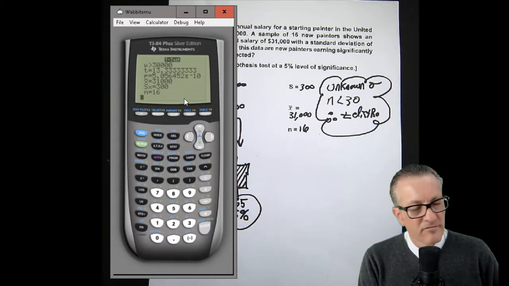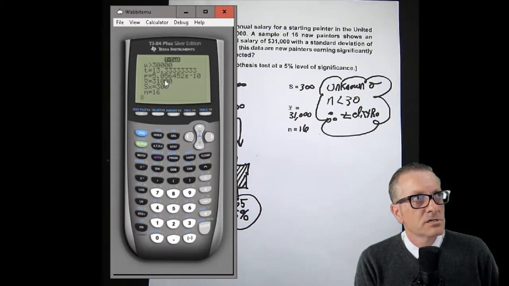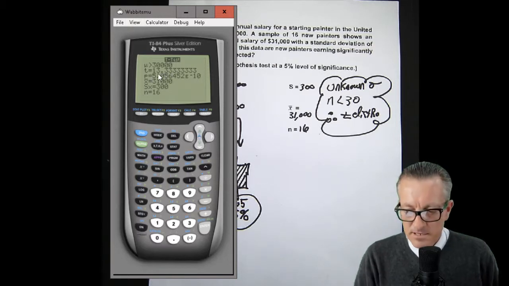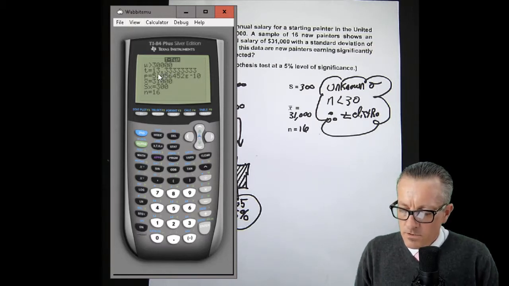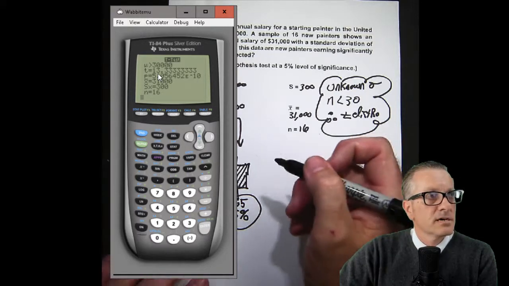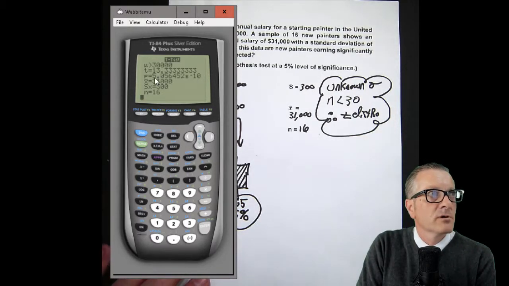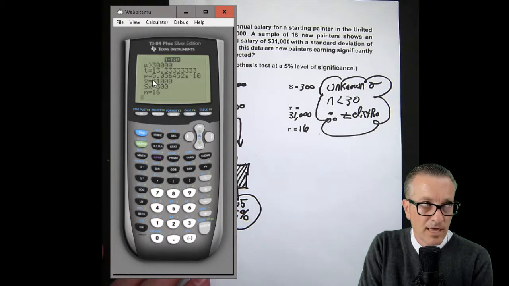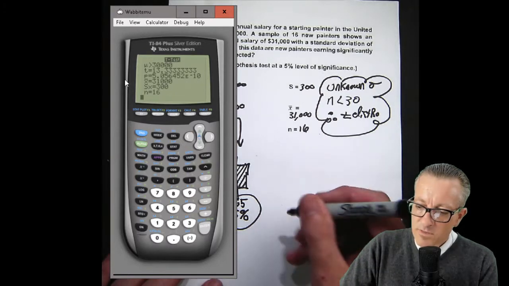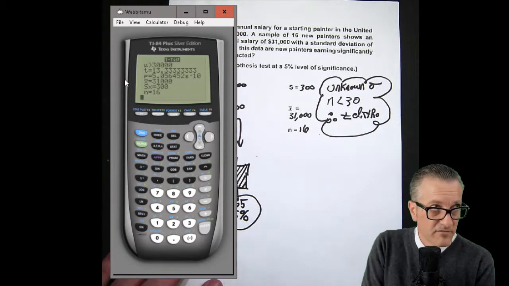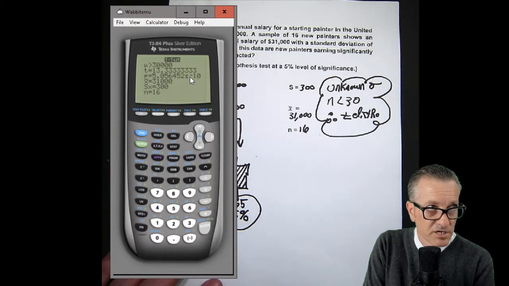So we get this kind of awful looking number in scientific notation, but one thing you can take from that is this very small number. This right here is the p-value. Like I said before, you can't really calculate this unless you're using calculus, so the calculator is very helpful. Whenever you have scientific notation like this, where it says E, like E-10, you move the decimal over whichever direction it says.